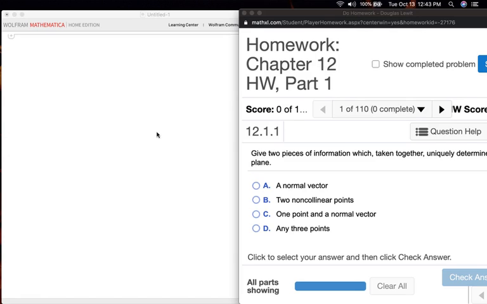I know I promised another video on the Chapter 11 homework, and I may still get to that, but I actually really want to start Chapter 12. I think it's very important because we are lagging behind a little bit. We only have until December 15th to cover four very big chapters, and it's already the middle of October, and I'm worried that we're not going to finish all four chapters.